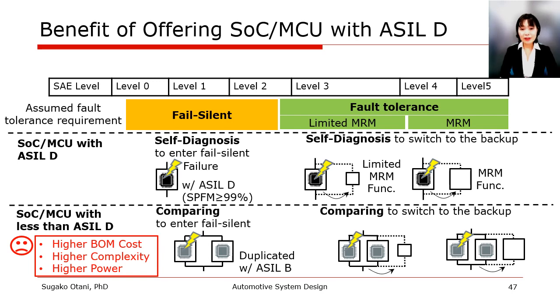And the fault tolerance system can be built by combining the LSI and the backup functions. On the other hand, an LSI with less than HOD has a low detection rate of failures. It is necessary to duplicate the LSI in highly reliable systems, such as autonomous driving.